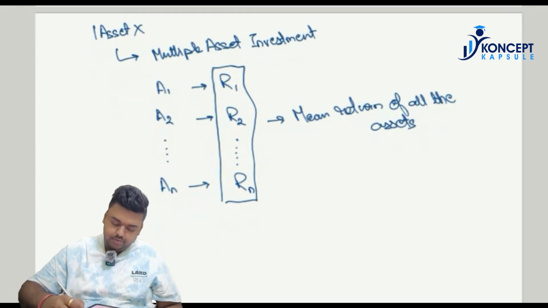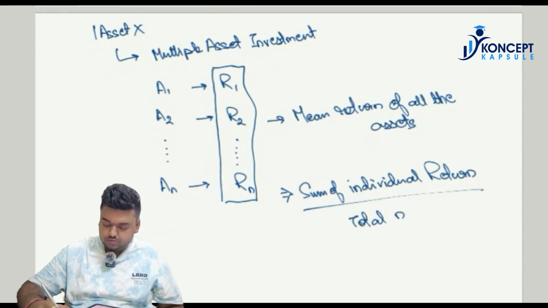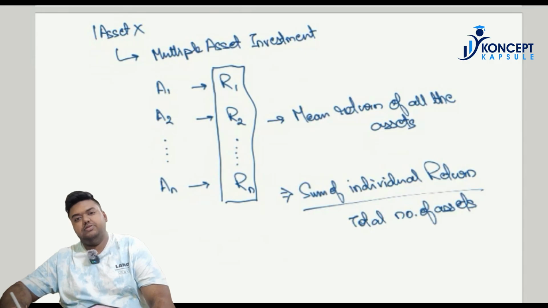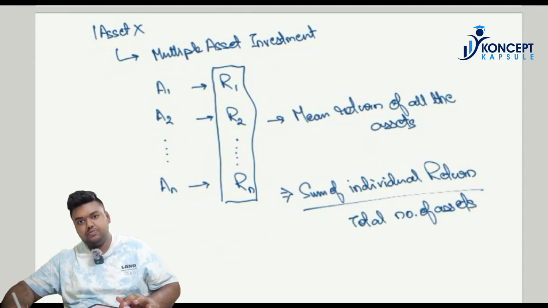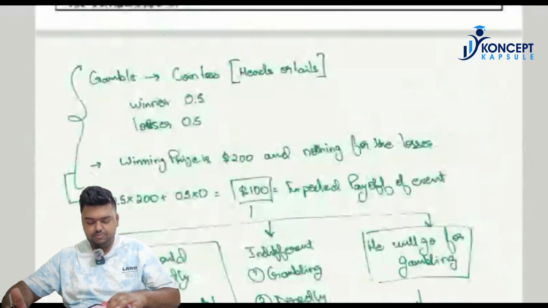How is it computed? It is computed as the sum of individual returns divided by the total number of assets. Are we clear, guys? I hope this is simple.